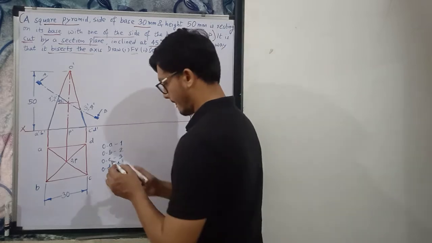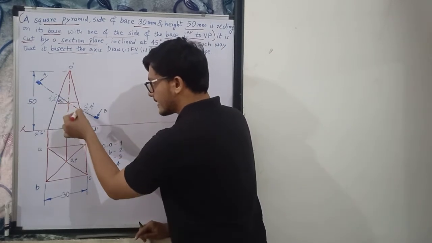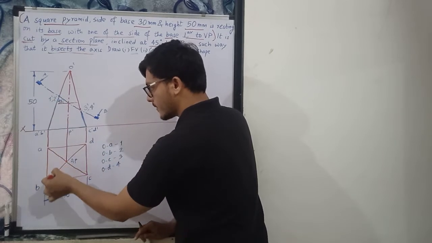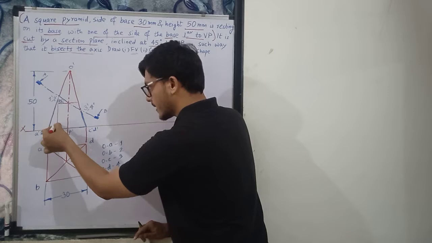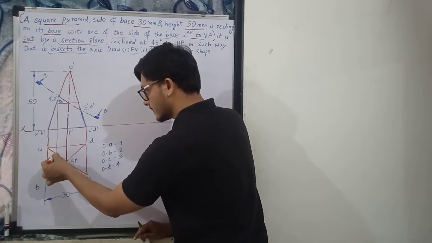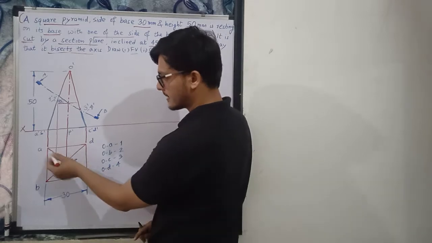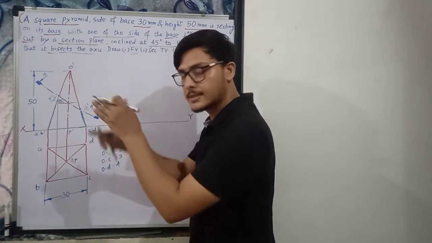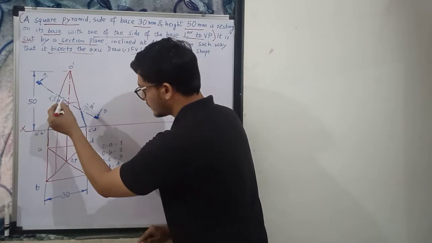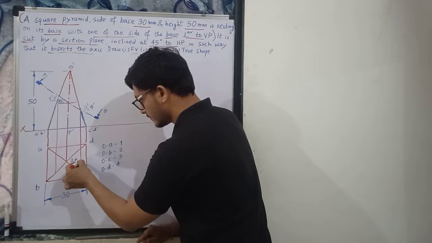Now wherever this cutting line is cutting the edges, from there you have to project the points vertically downwards. So 1 and 2, from 1 and 2 I will take this projection vertically downward, so that it cuts the pyramid's slant edges. So similarly this also.